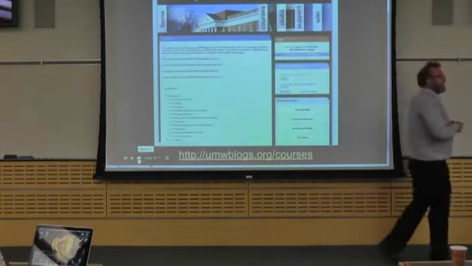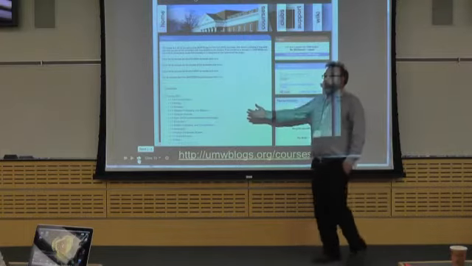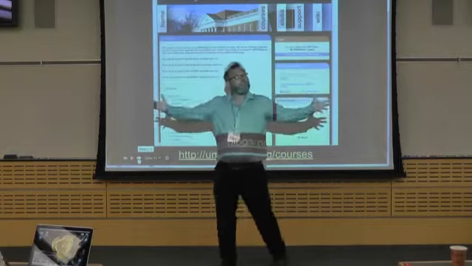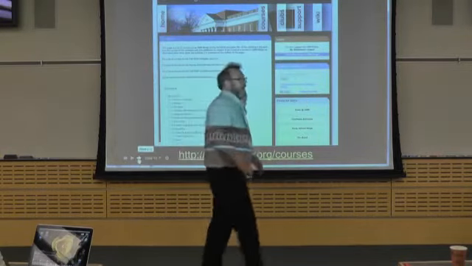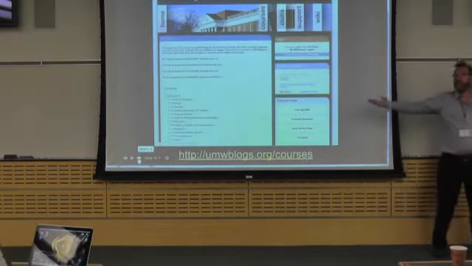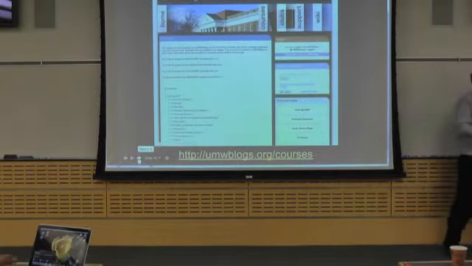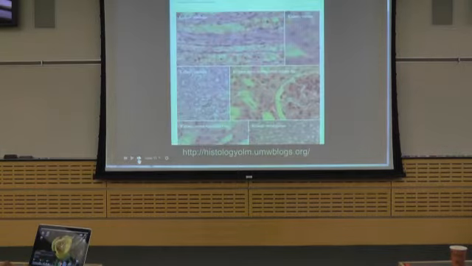Not unlike Wikipedia, most of the sites, if not all of the sites, on UMW Blogs default to open. Which means anything a class creates on this space is openly available. People can find it. And it's using the same application you guys are using for this website, for this conference, WordPress. We're a WordPress school. Our main site is actually on WordPress, and I'll talk about what that means for us now.